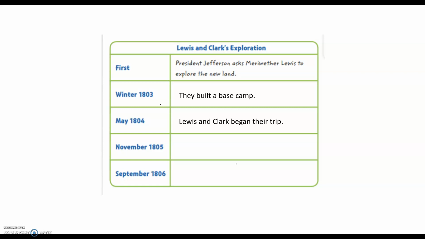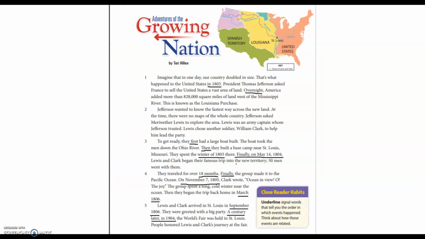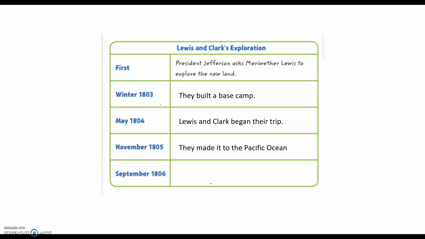Now let's see what happened in November 1805. Let's see if you can find that key detail. You probably found that that's where they made it to the Pacific Ocean. And last, let's identify what happened in September 1806.